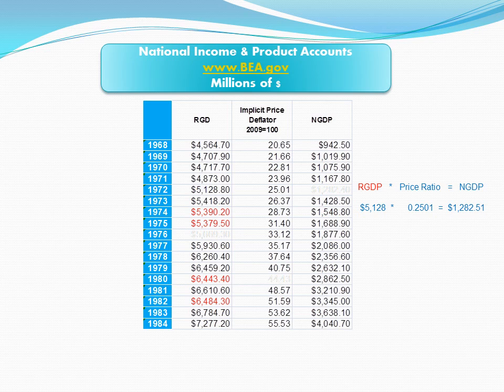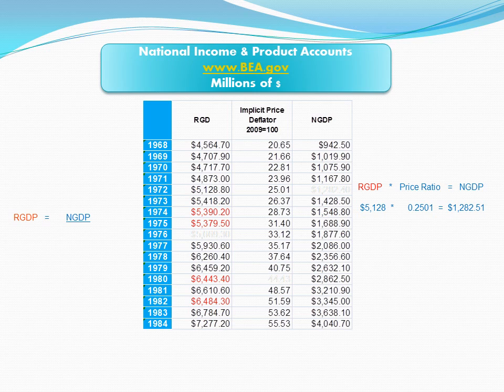In other words, prices in year 1972 are only 25% of the prices in year 2009, which is our base year. So we're going to reduce the prices that are placed in the GDP numbers to get our nominal GDP of 1282.